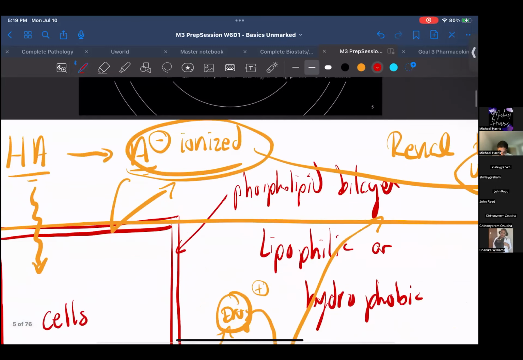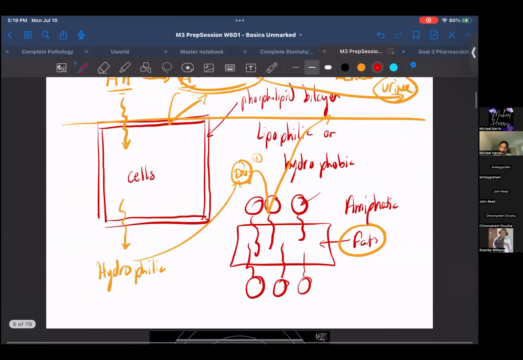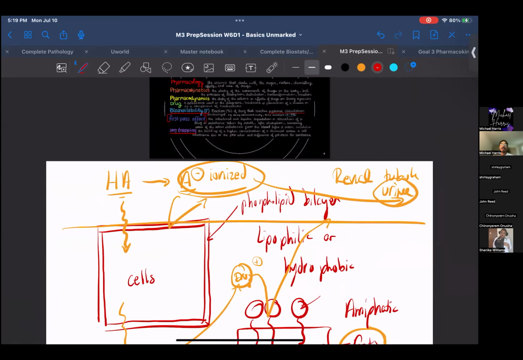All right, good. So, let me ask you this. If someone overdosed on a drug and you wanted to help him excrete this drug out of his system, would you want the drug to be in the ionized form or the non-ionized form? Perfect. Do not forget that. Because we're going to then start adding on weak base versus weak acid drugs.